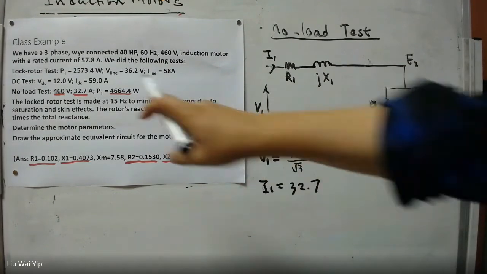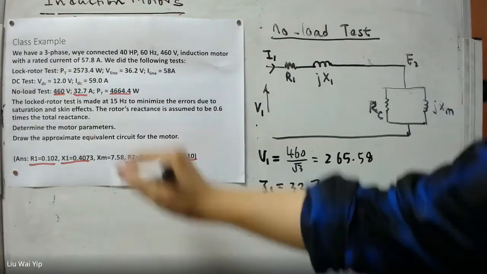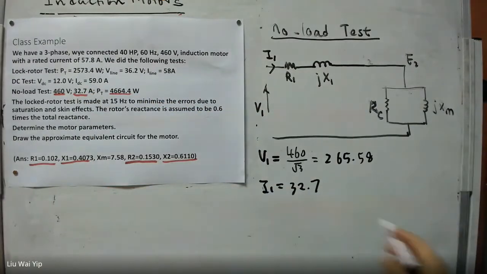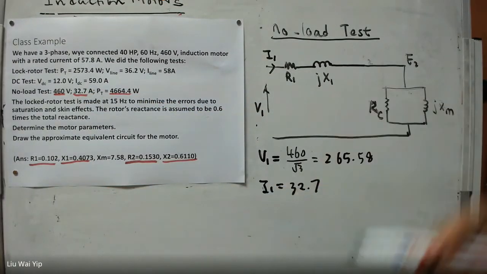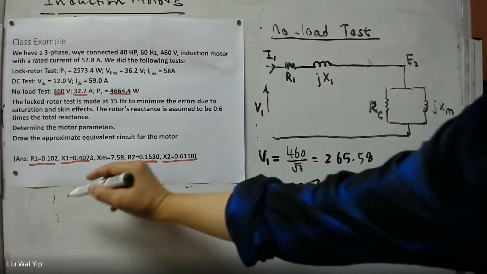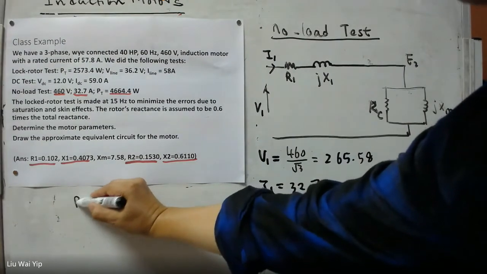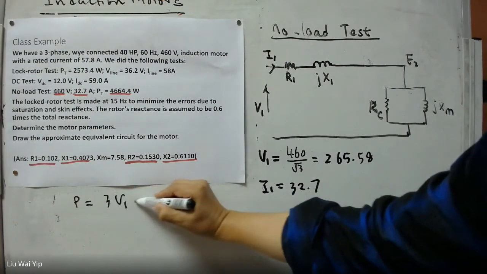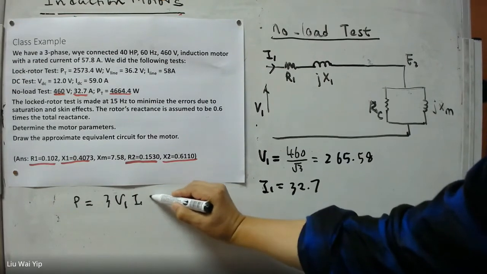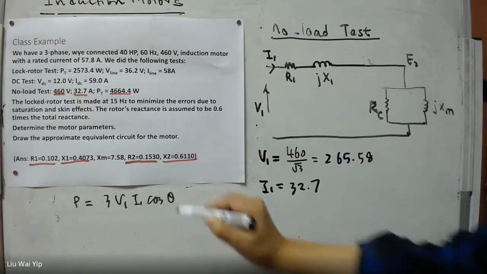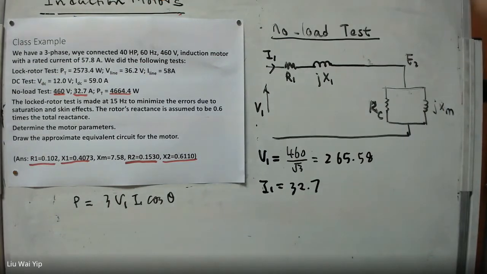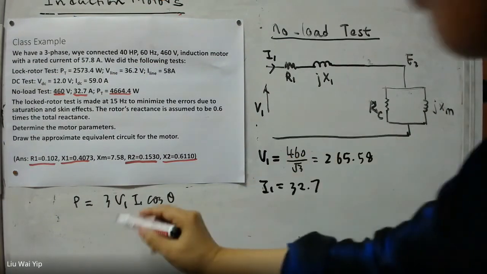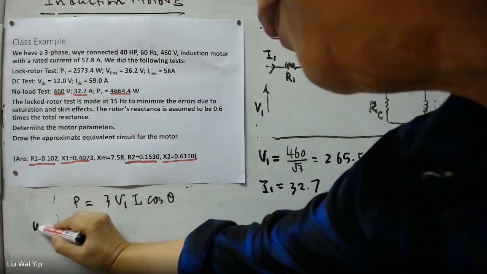So based on this equation, based on the power here, we can find out the phase angle between the current and voltage. And P is going to be 3 V1 I1 and then cos theta, where theta is the phase difference between I1 and V1.